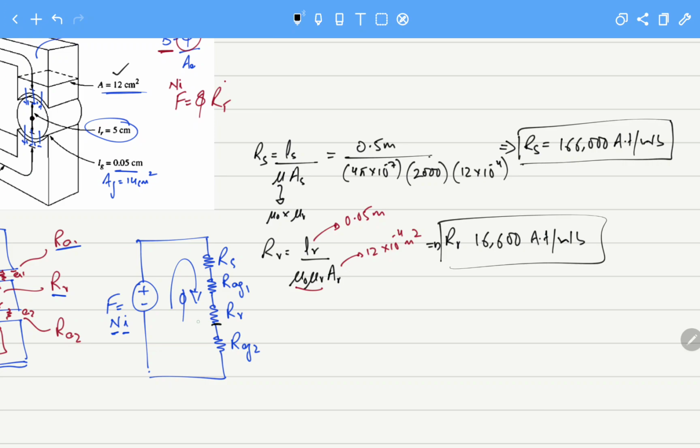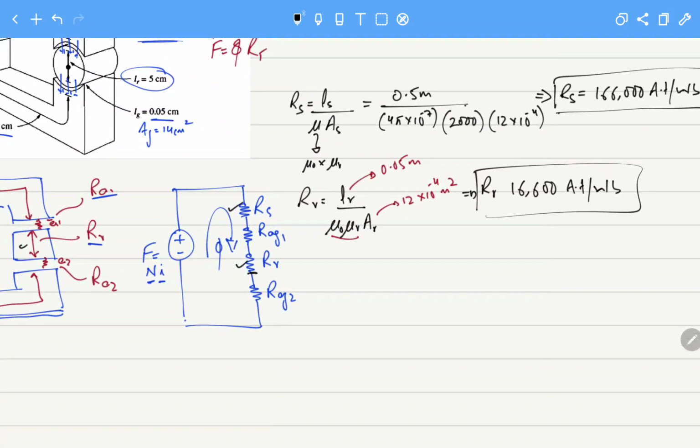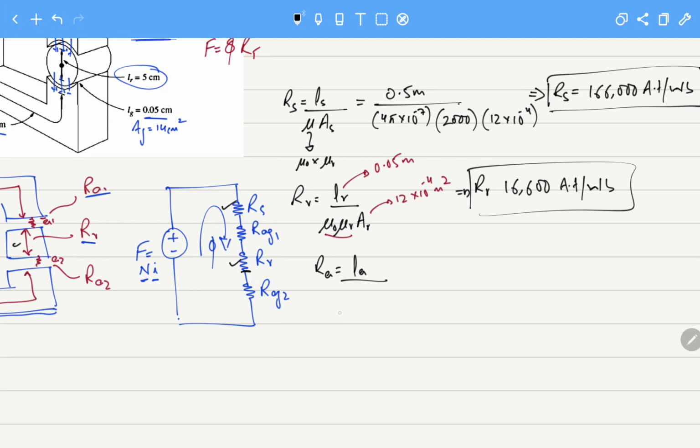So we have calculated the rotor, we have calculated the stator. Now about the air gaps. For the air gap, we have length of the air gap divided by mu naught, relative permeability will be 1, and for the air gap they have given the area, it is 14 centimeter square.